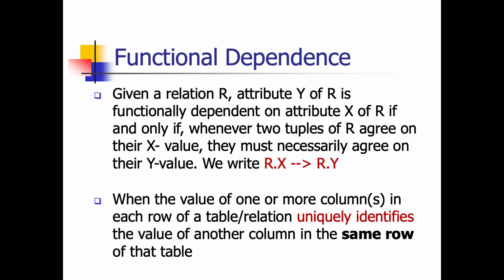Because if there is no composite primary key, can we have a partial dependency? Let's say I have a single primary key. How could you have a partial dependency in a table with a single primary key? For example, a student table, where you have a student number as your primary key, and then a student name, email, and so on.